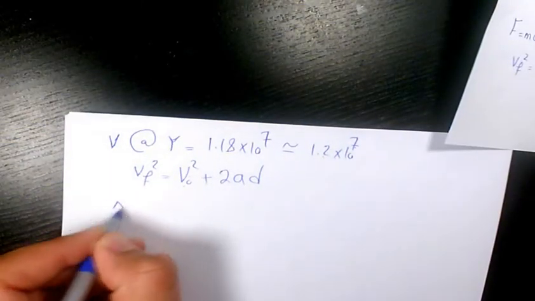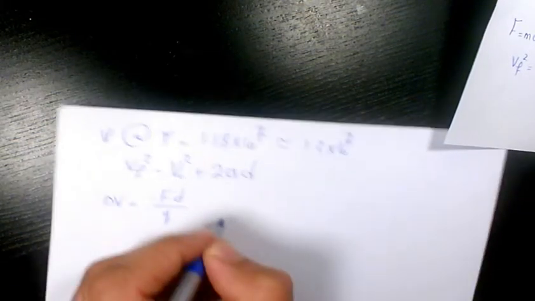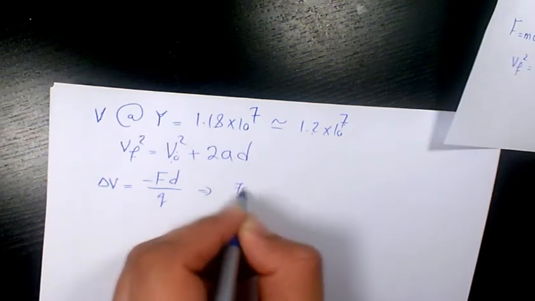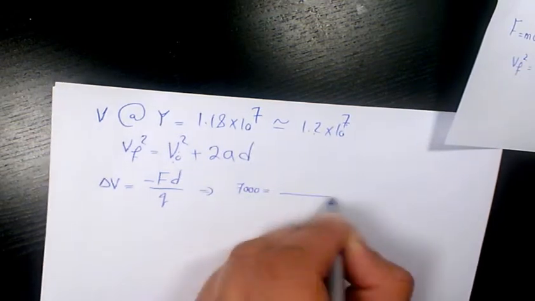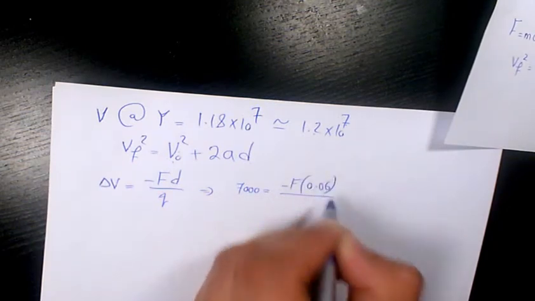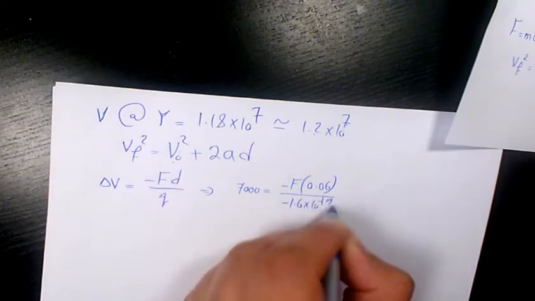So delta V equals negative FD over Q. Therefore, 7,000 equals negative F times 0.06 divided by Q, which is negative 1.6 times 10 to the power of negative 19.